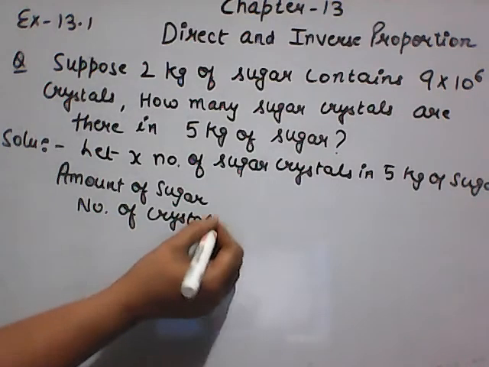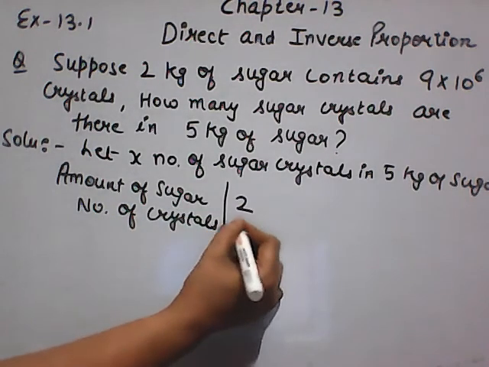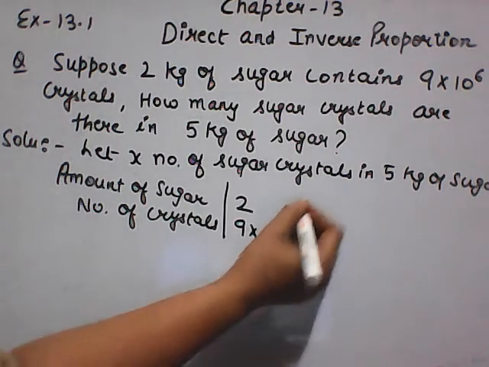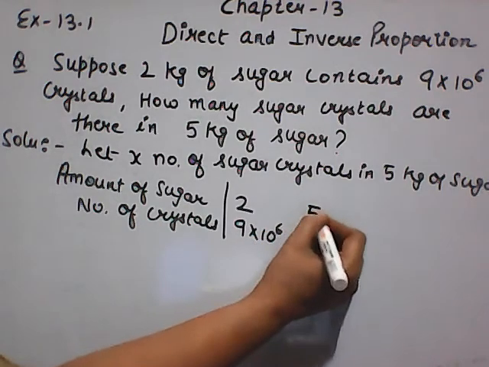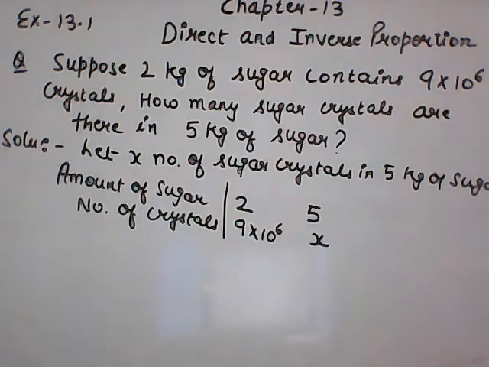It is given to you that in 2 kg of sugar, the number of crystals is 9 multiplied by 10 raised to power 6. Now you have to find out in 5 kg of sugar how many crystals are there. Suppose x number of crystals are in 5 kg of sugar.